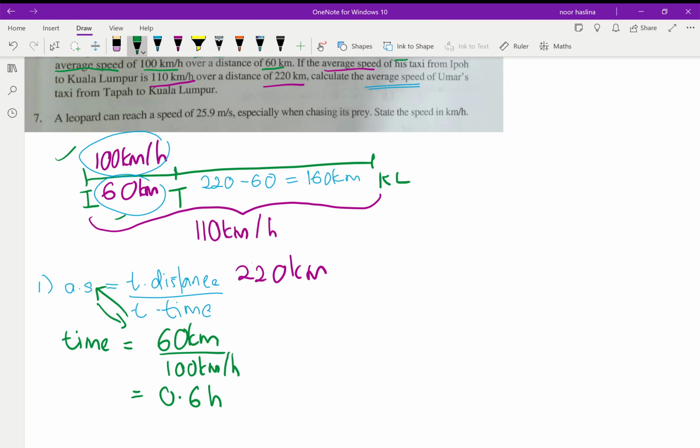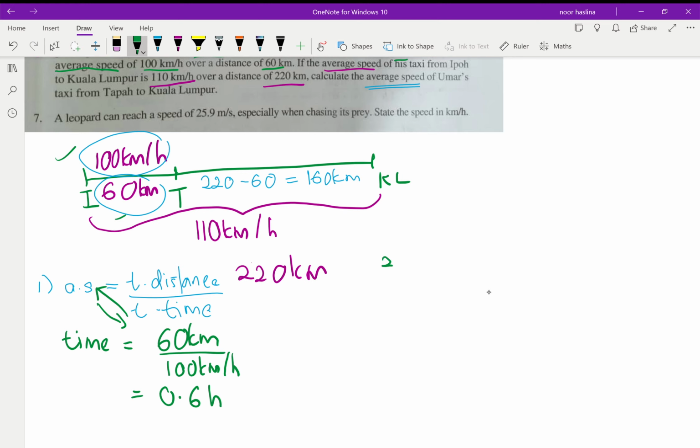Now what is the total time from Ipoh to Kuala Lumpur? Average speed of Ipoh to Kuala Lumpur, you have 110, and the distance is 220 kilometer. So you must find out the time taken from Ipoh to Kuala Lumpur. This is the first step.